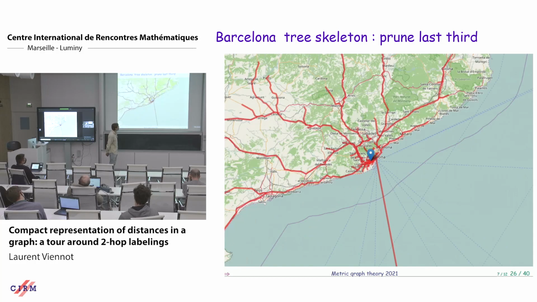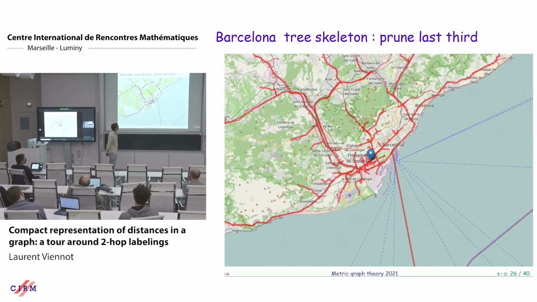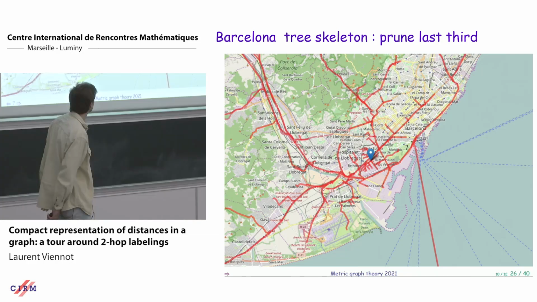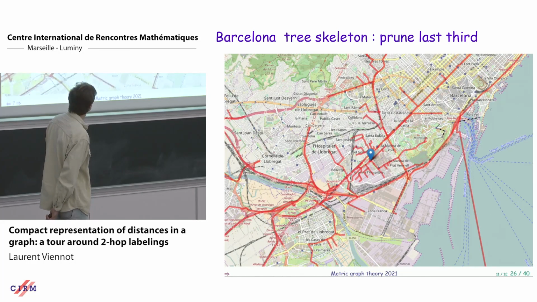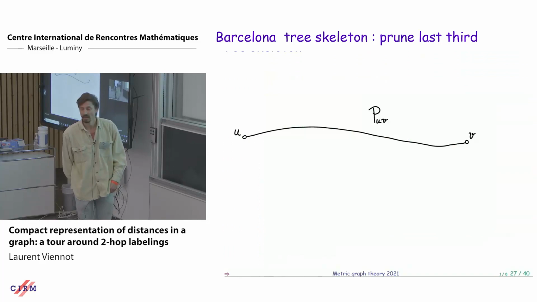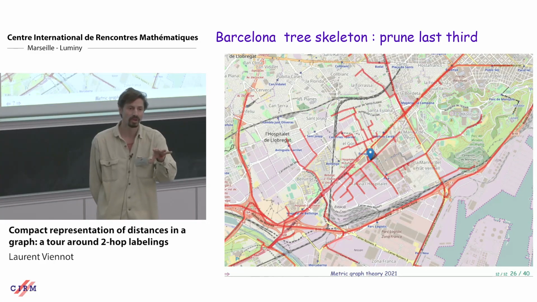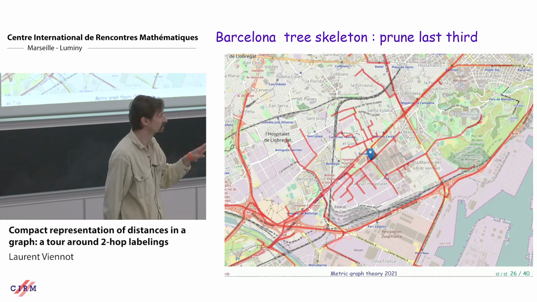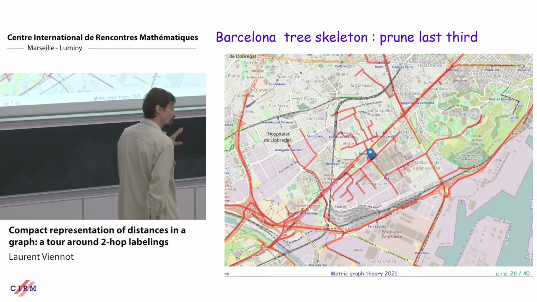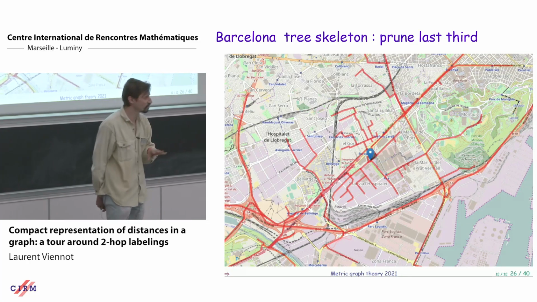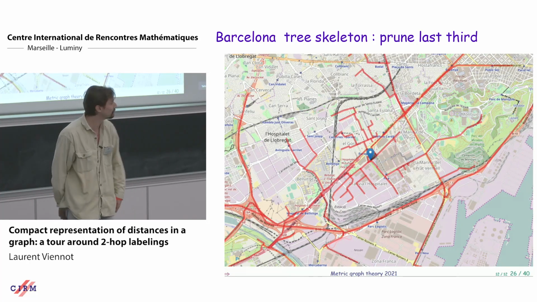Then at any scale, I have a few branches in this tree skeleton. This red thing, I call this the tree skeleton. And what is fun about this zooming is that you have seen two thirds of the full shortest path tree rooted at Barcelona. You have all the details of two thirds of a shortest path tree, which is a very big thing.